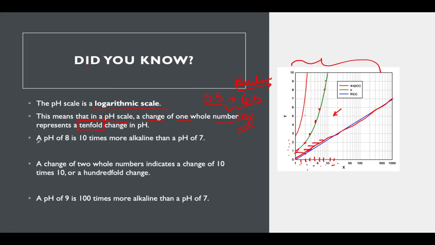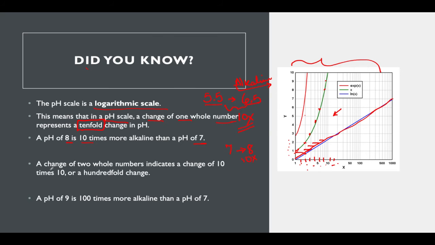And the same way, they give an example of a pH of 8 being 10 times more than 7. So if we go from 7 to 8, then it's tenfold. And I gave an example of 5.5 to 6.5 because it's related to our acid mantle. And so we need to be careful of how we function with pH.